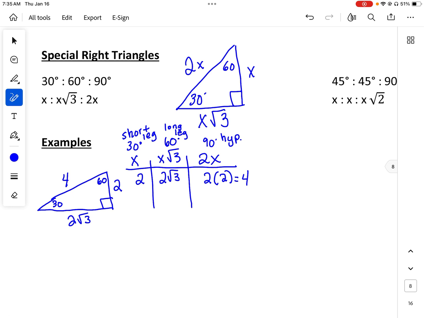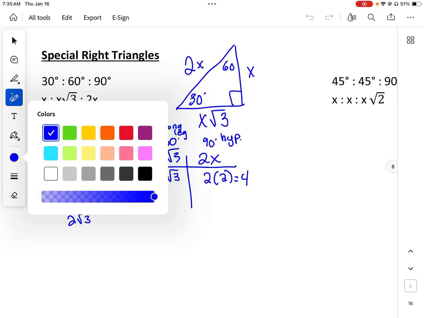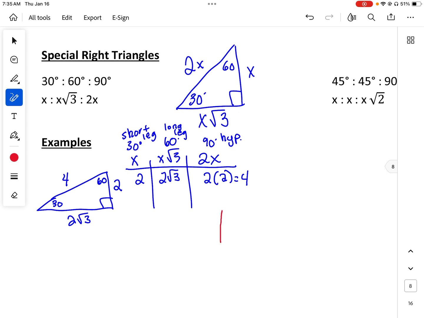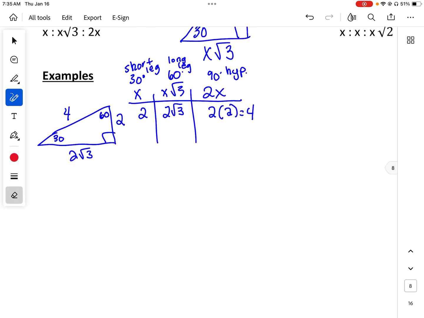So let's do another example. This is whenever we're given a long leg. I'm going to draw another triangle. So let's say again, this is the 30.